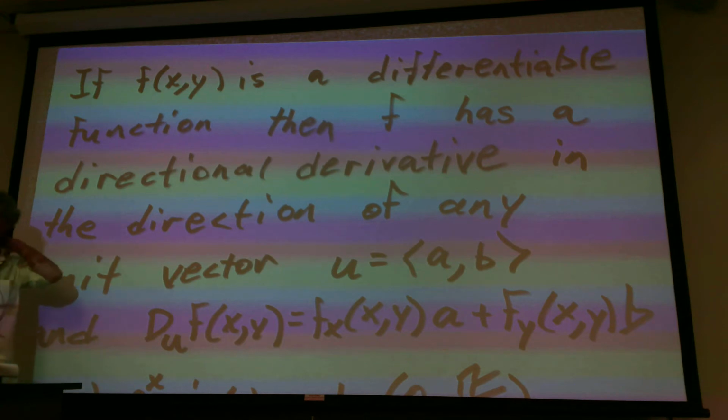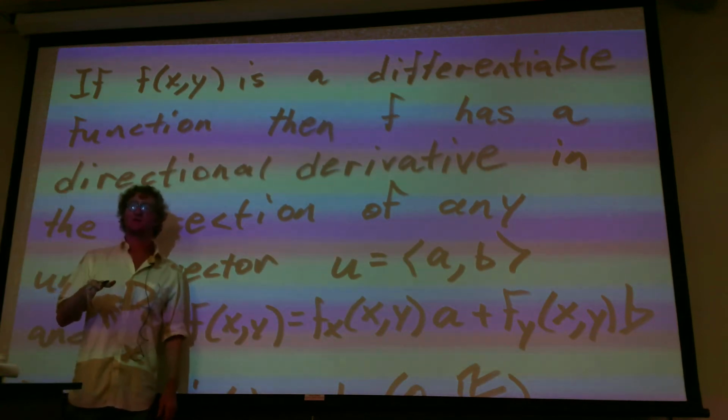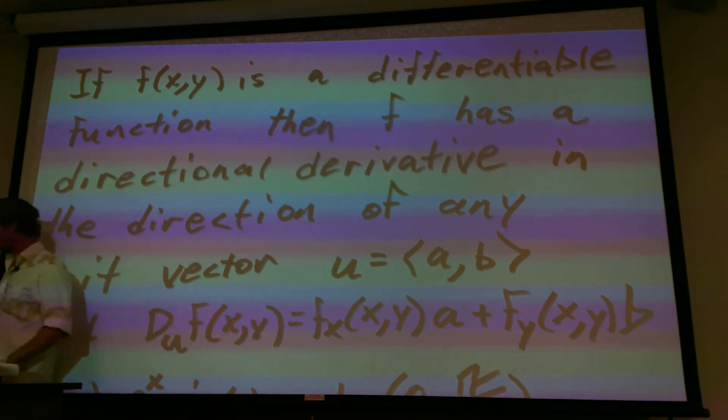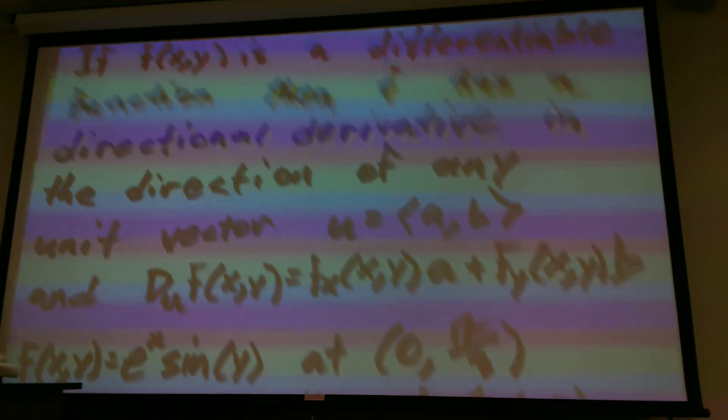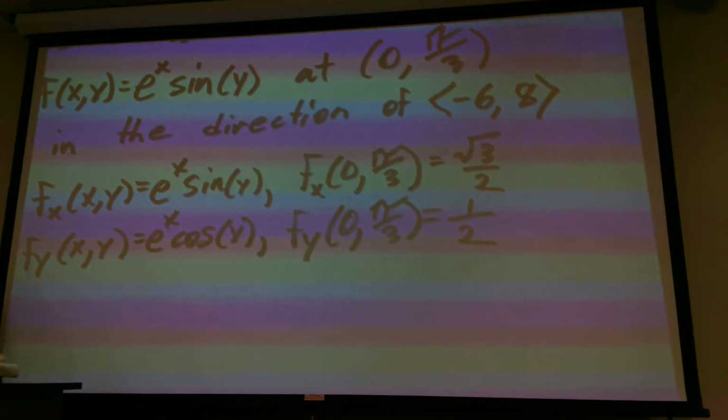So what we have to do is we have a vector in a direction, but we have to turn it into a unit vector. Okay? So, what is u going to equal?